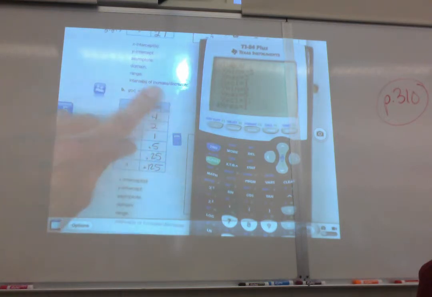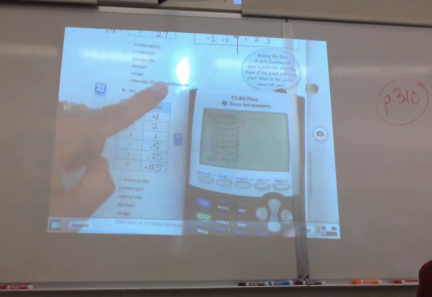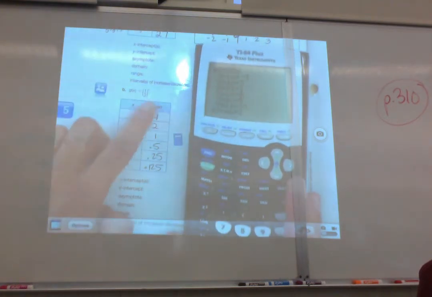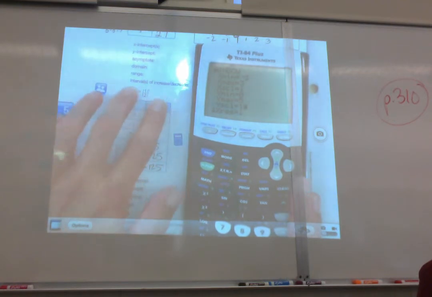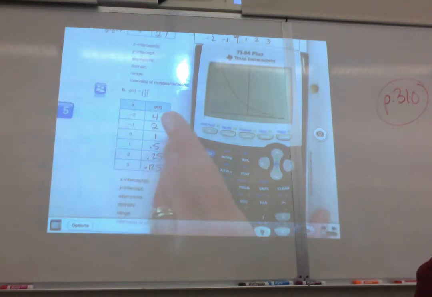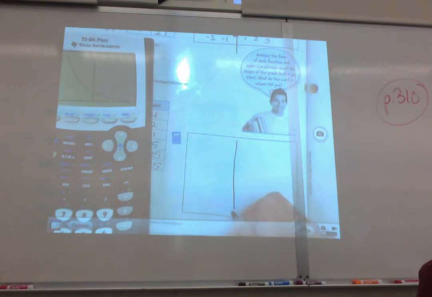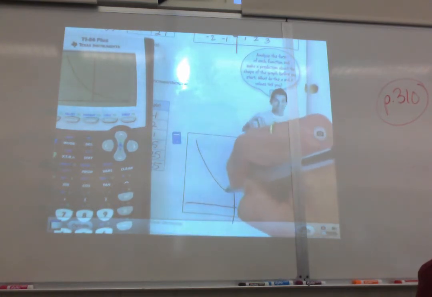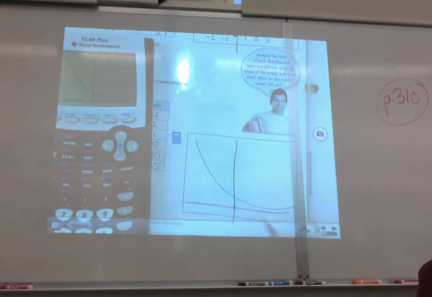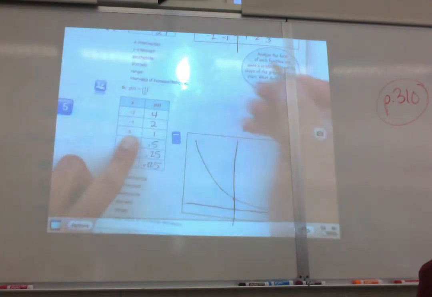All right, so again, just like drawing this, I kind of looked at my x's and looked at my y's. In my window, before I graph, I look at my x's and my y's. Graph. Okay, so that's what I'm going to copy right here. Crossing at, again, it's crossing at 0, 1.